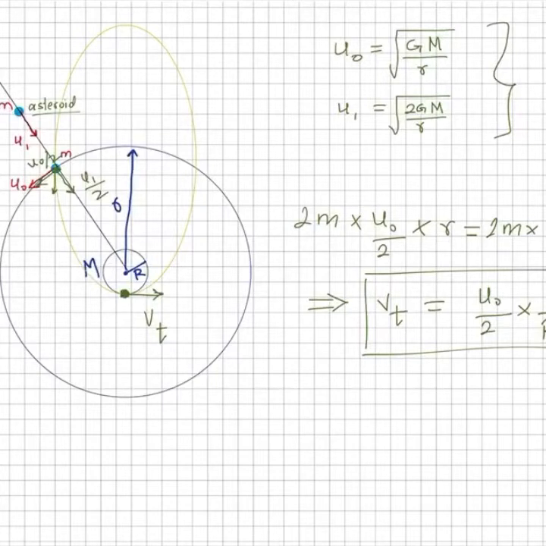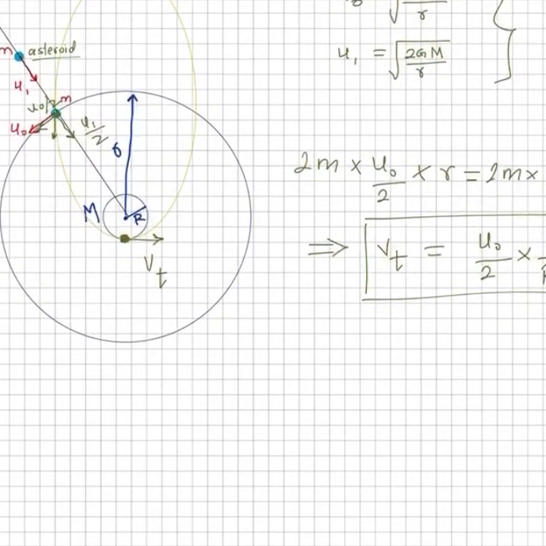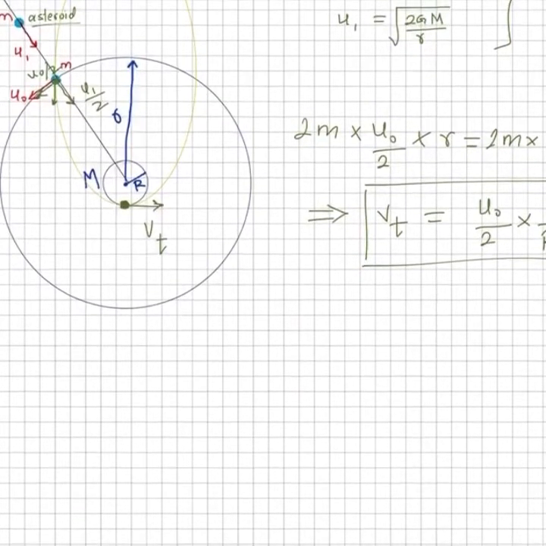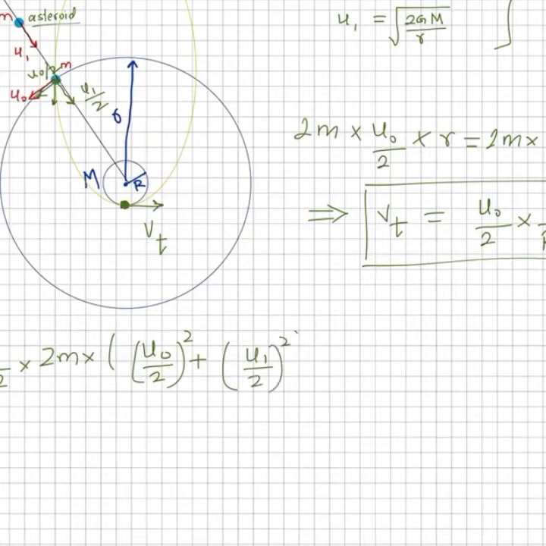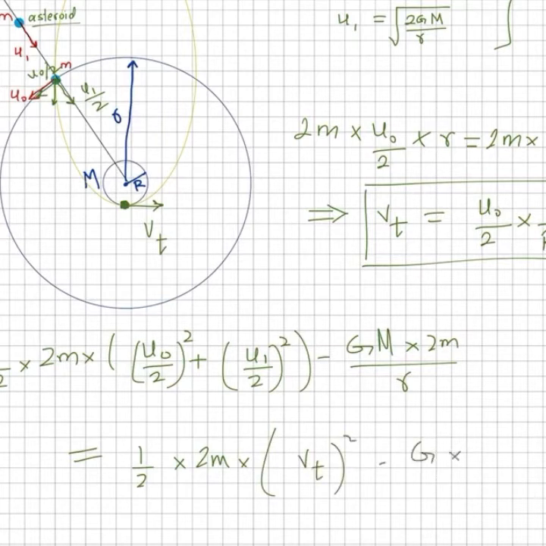So conserving the energy between these 2 points, we can write half into 2m into (u0 by 2) whole squared plus (u1 by 2) whole squared, minus GM into 2m over small r, equal to half into 2m into vt squared minus G into M into 2m over capital R.